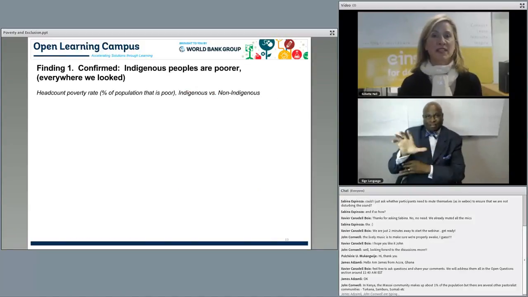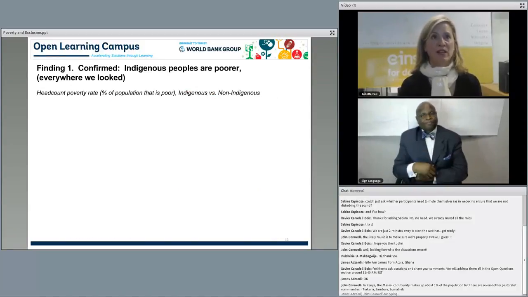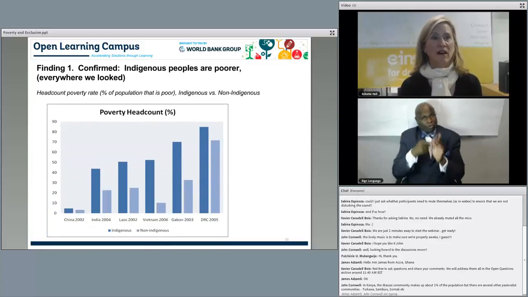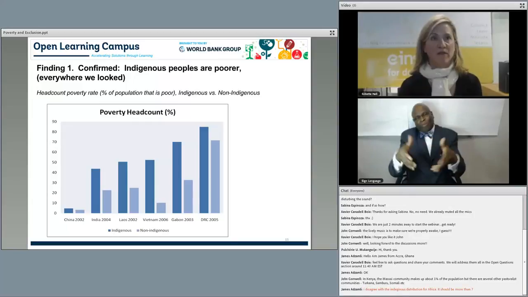So the first thing I can tell you is that we can confirm that indigenous peoples are indeed poorer, and that is everywhere that we looked. What I'm showing you here are only the countries that we added for the second book that takes the study global. We found the exact same results, however, in Latin America.